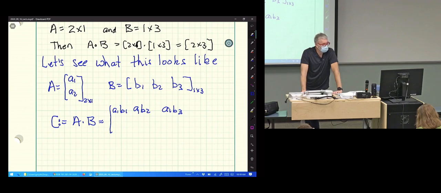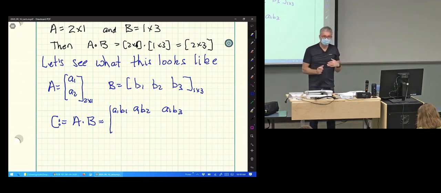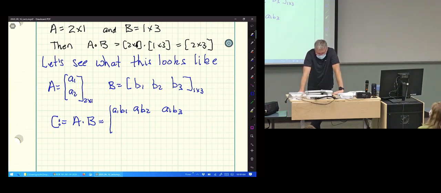Okay, it's really simple, and that's what makes it hard. It seems weird. We're thinking of rows, they should have lots of elements. We're thinking of columns, they should have lots of elements. But if I am a column vector, my rows have only 1 element, and if I am a row vector, my columns have only 1 element. So I can just multiply the 1 element and the 1 element.